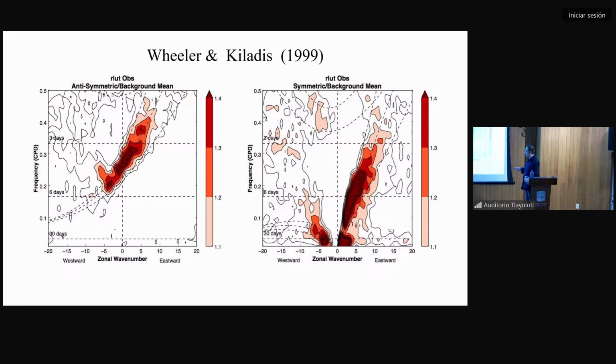Also, for example, this should be related with equatorial Rossby waves, and so on. So the Matsuno's waves are actually real in the troposphere.